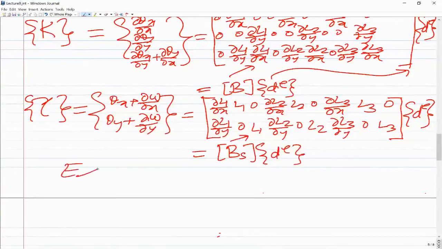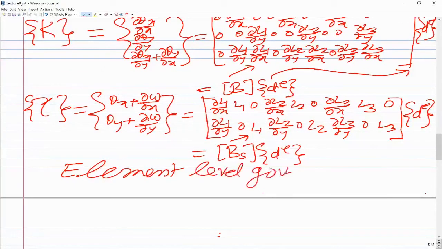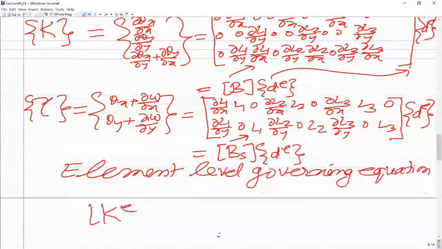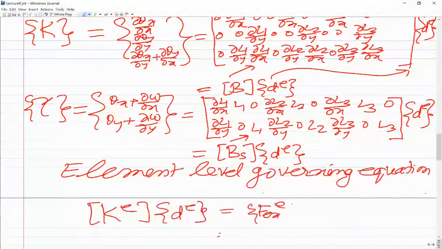Let me just write the element level governing equation. The form of the equation is the same: the element level stiffness matrix Ke into the vector of elemental degrees of freedom De is equal to a fixed external, that is distributed load Q, and the boundary forces in the element.